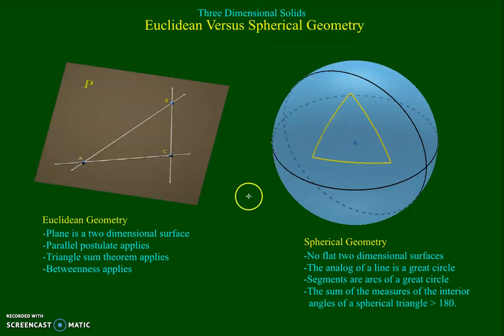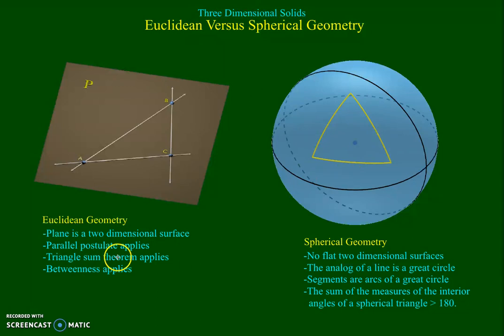So the idea of parallel lines doesn't apply in spherical geometry. Strictly speaking, even though lines of latitude are in fact parallel, they're not lines per se in spherical geometric terms. A line, again, in spherical geometry is a circle that has its center as the center of the sphere.